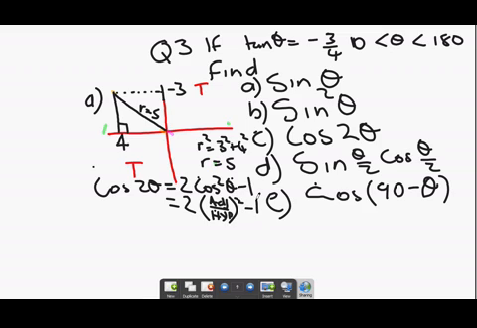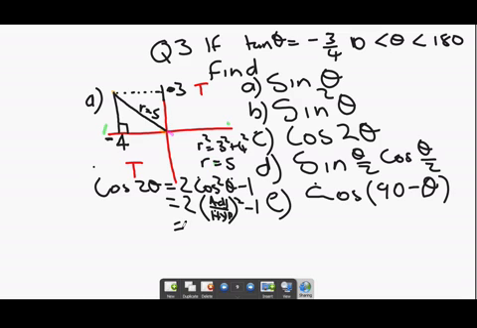squared minus 1. Now what is my adjacent? My adjacent in this case, this is a -4 because of where it is, isn't it? And this is a +3, sorry. I think I used the wrong one, so we need to be very careful there.